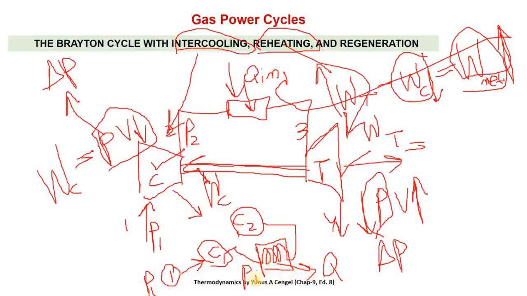Its temperature drops, pressure remains same, Pi. Now it enters into the next compressor, where pressure is increased from Pi to P2. So the single stage compression is replaced with two stage compression, and in between there is intercooling.